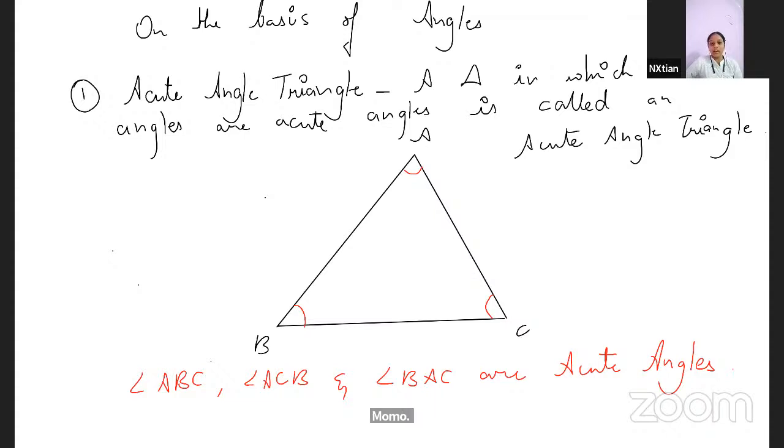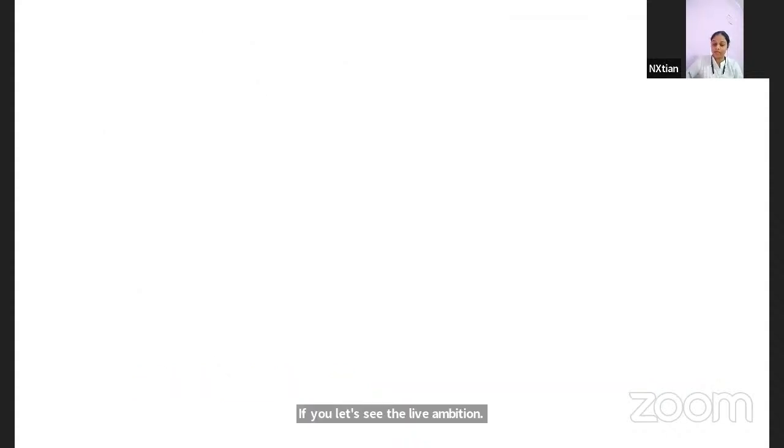Next one, we will see the right angle triangle and then obtuse. Okay, let's see the right angle triangle. Ma'am, a right angle triangle contains at least one angle that is 90 degrees. That is correct. A right angle triangle will contain one angle which is a right angle, that is 90 degrees.